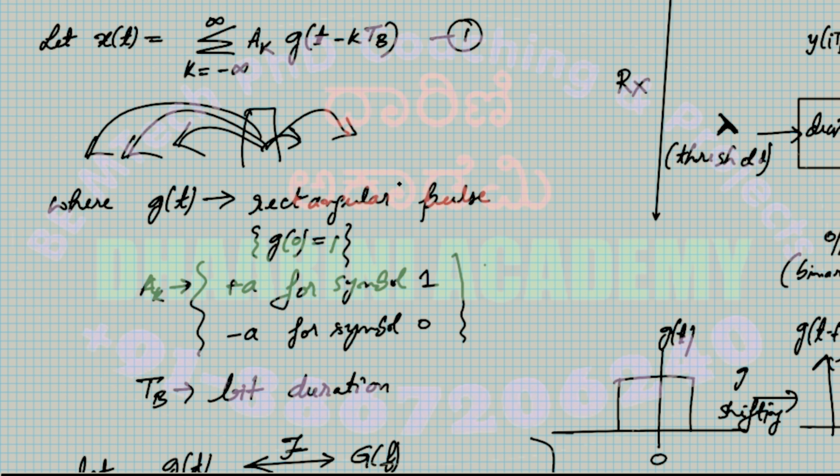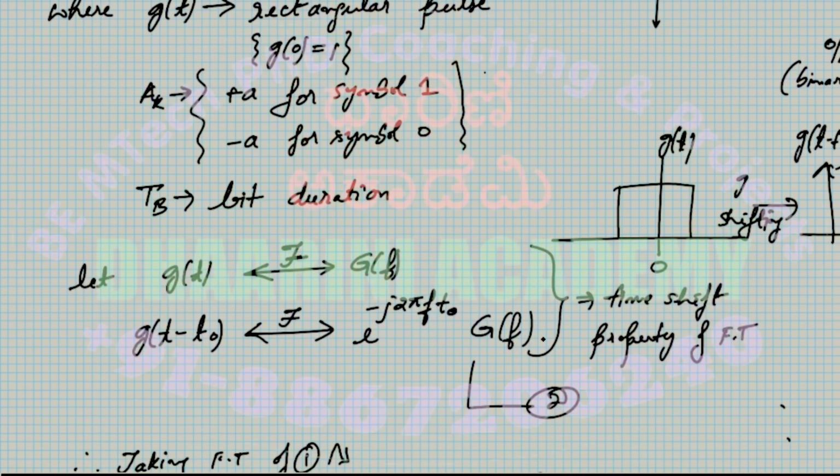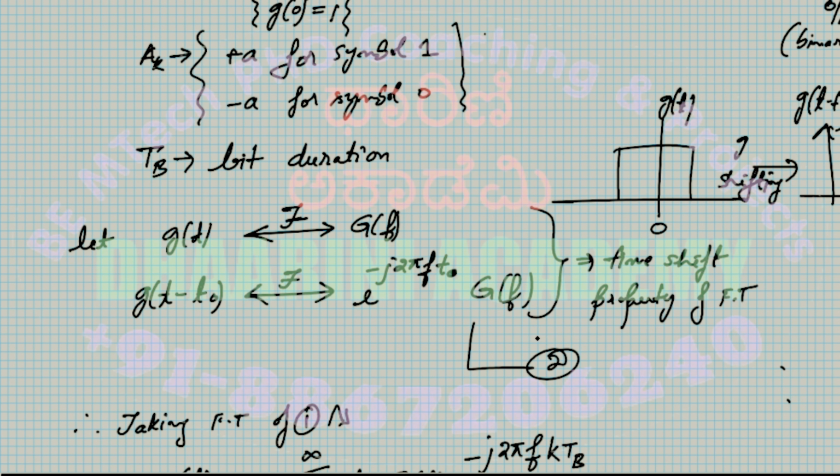Normally we do this analysis considering a proper rectangular pulse, but in actual communication you can use various other types of pulses as well. For the time being, let us say g of t is a rectangular pulse, and at the center of the pulse it has a magnitude of 1. Now we consider the various possibilities of capital A_k. We know that A_k can take a value plus A for symbol 1, minus A for symbol 0. And capital Tb is nothing but the bit duration.